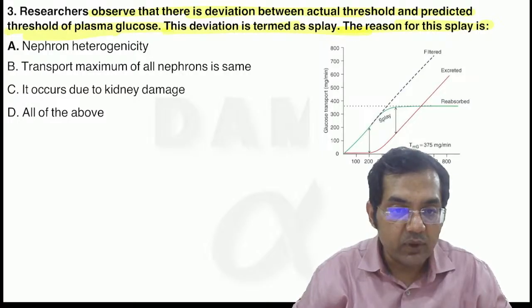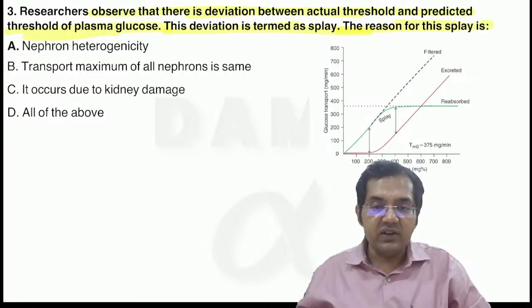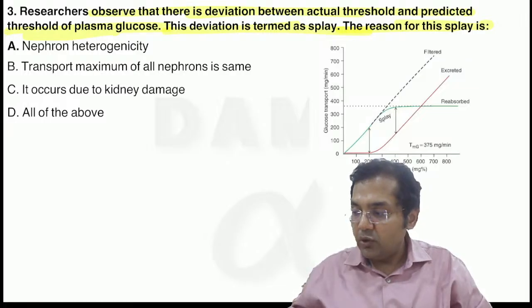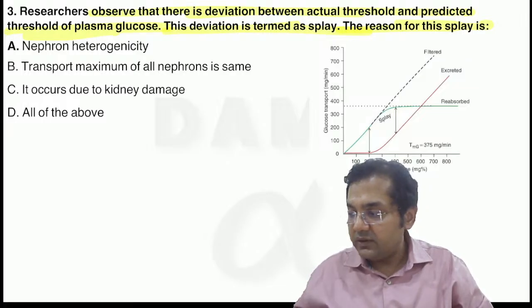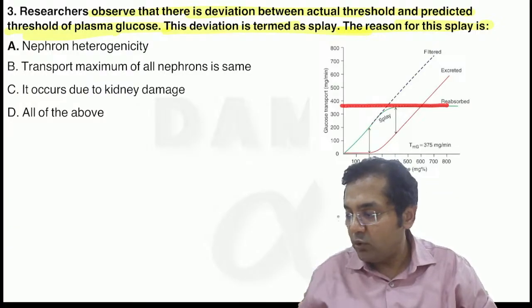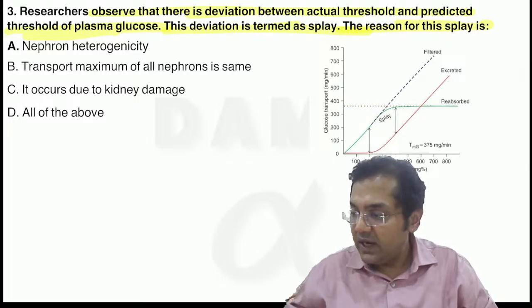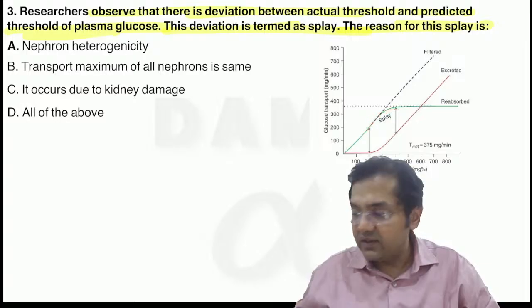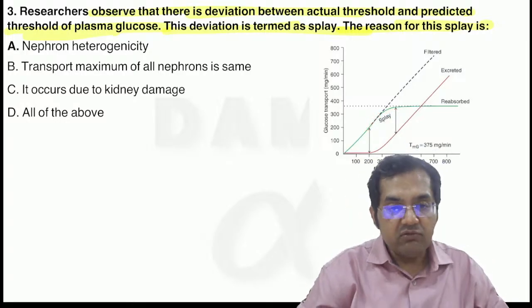So in the figure given over here, I can see that the actual Tmax should have been over here, right? This is the actual one, but I am observing that it is being achieved a little earlier. So why is there a renal splay?